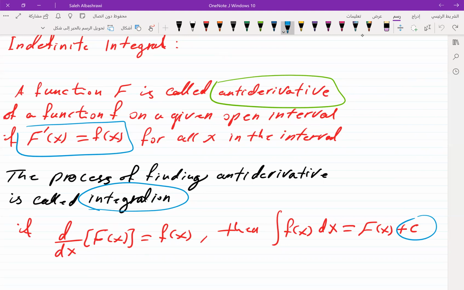Since we have an indefinite integral, we must have this constant added for any function.